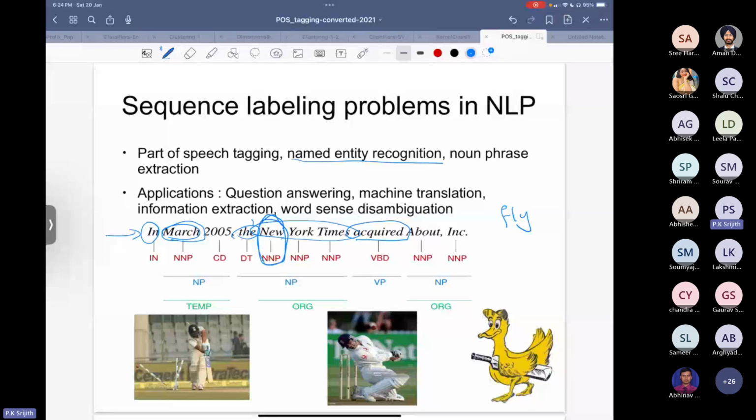But it may not be the case for all languages. How do you write New Delhi in Hindi?